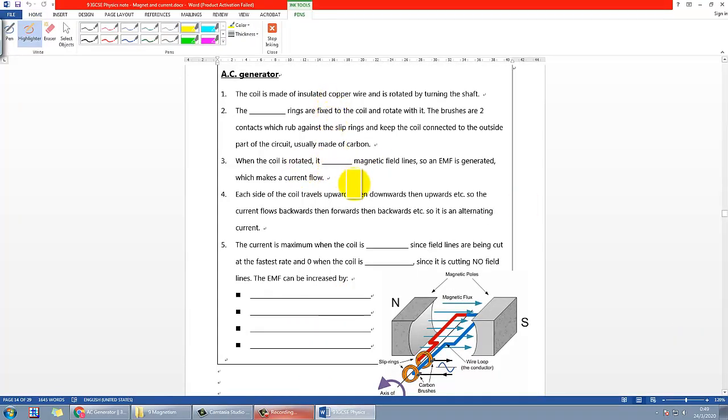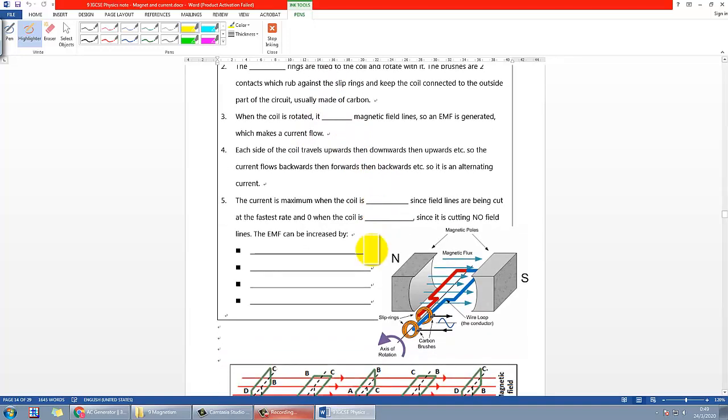Okay, so one thing that you should pay attention, especially about AC generator, is they use something called slip ring. And if you remember in the past when we learned about DC motor, what is that we use? That is called split ring. And the shape are different.